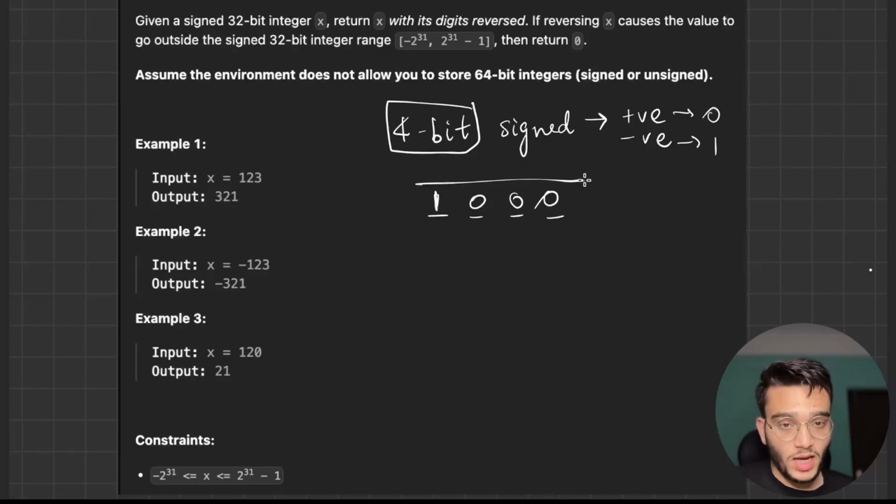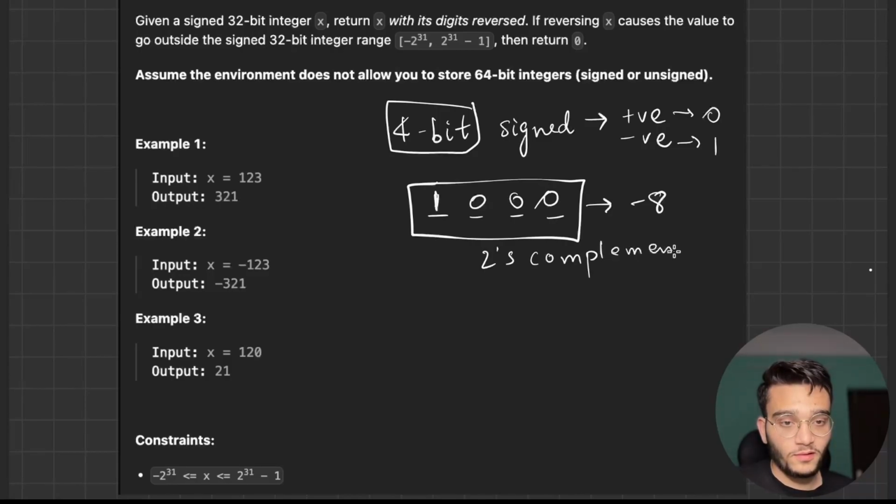Now this actually represents minus 8. This is the 2's complement of minus 8. Now what is 2's complement? If I explain this, the video will be very long, so I encourage you guys to Google this stuff and learn it on your own.